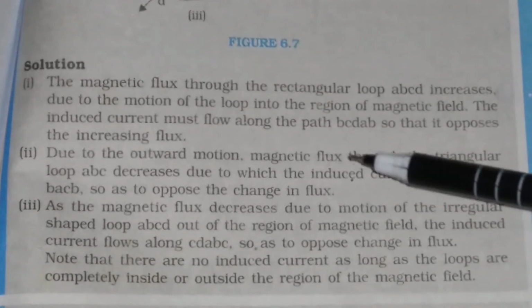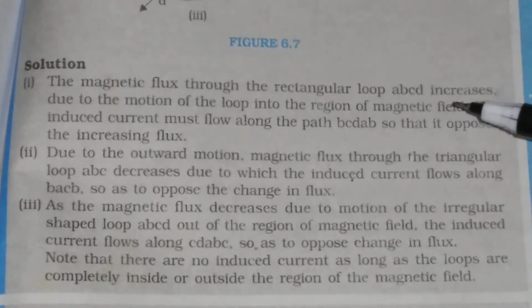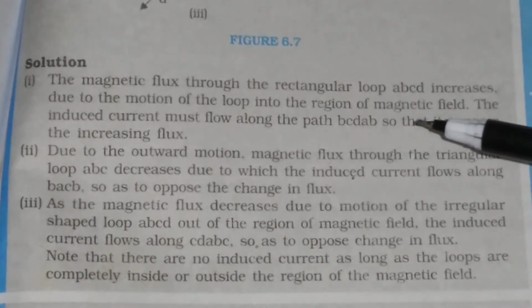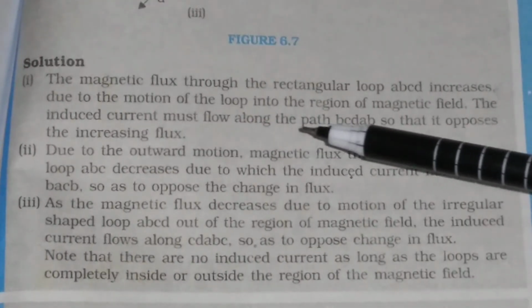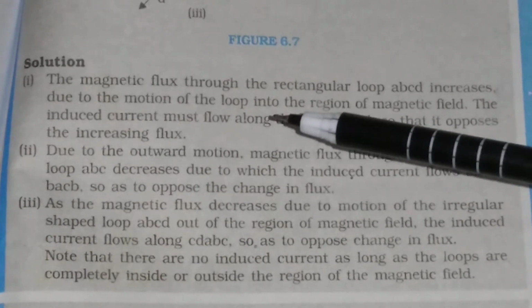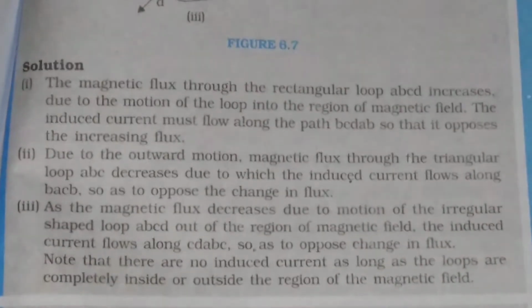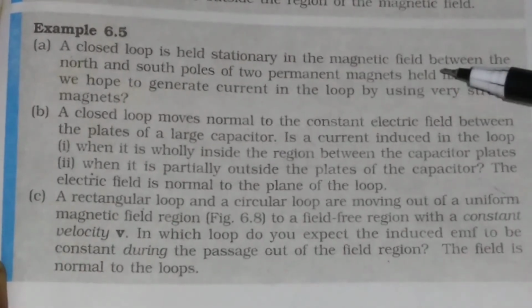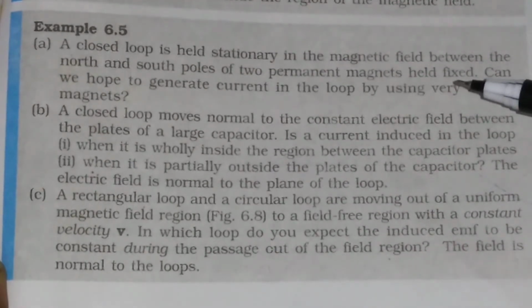Now let us work out another problem. A closed loop is held stationary in the magnetic field between the north and south poles of two permanent magnets held fixed.